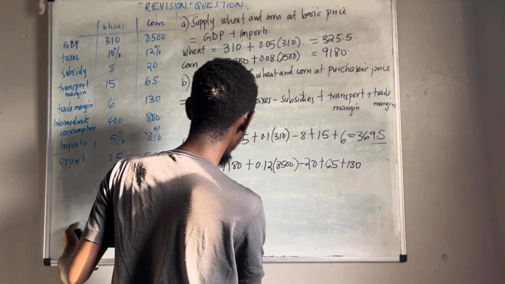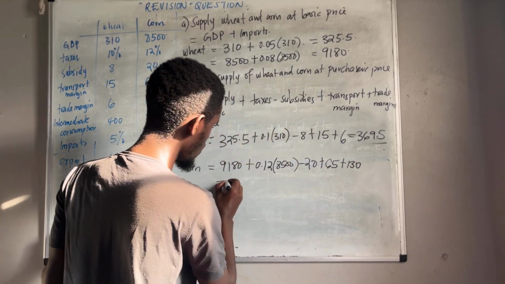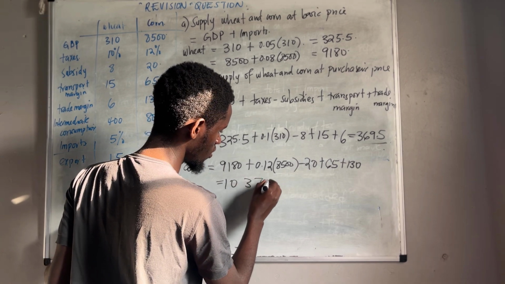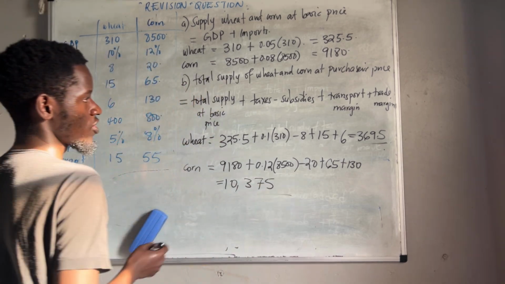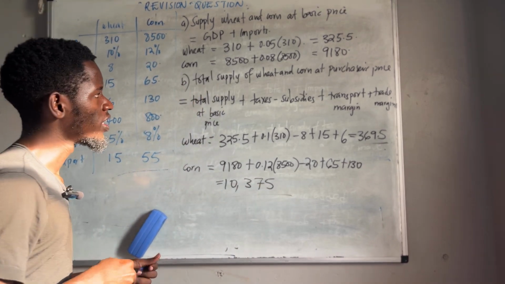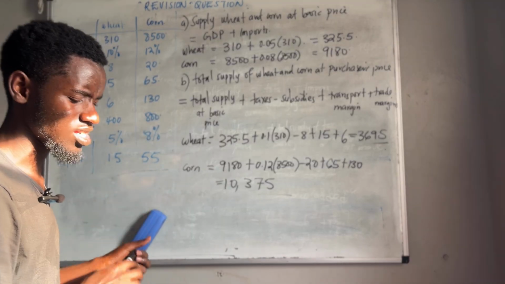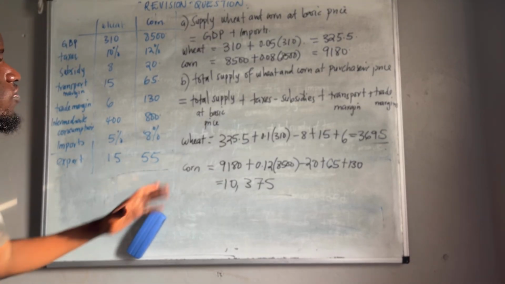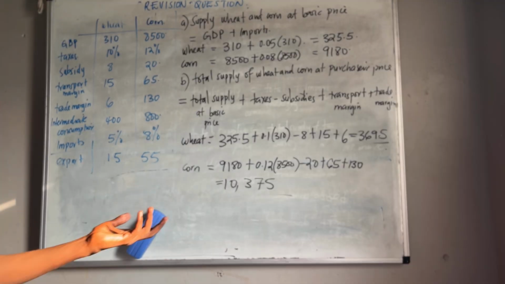Our answer is going to be 10375. This is my answer. I think members should also have the same answers. We are getting them from the supply table, as simple as that. You just need to master the formulas, and then you are able to go ahead.